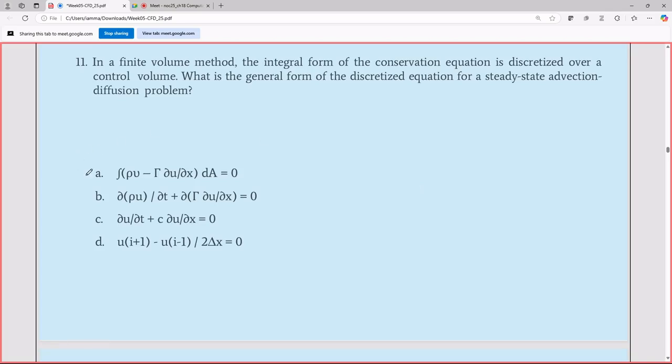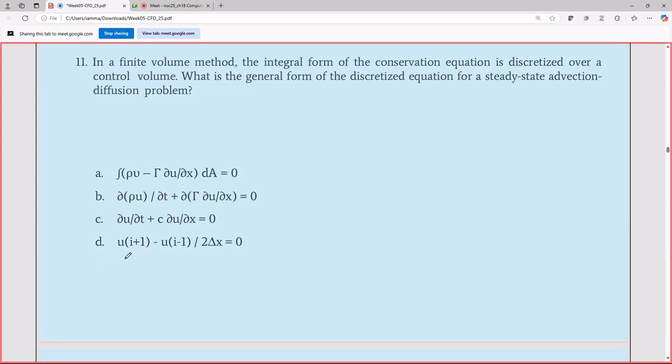Options are option A, integral of (rho v minus gamma dou u by dou x) times dA is equal to 0. Option B, del dot (rho u by dou t) plus del dot (gamma dou u by dou x) is equal to 0. Option C, dou u by dou t plus c into dou u by dou x is equal to 0.